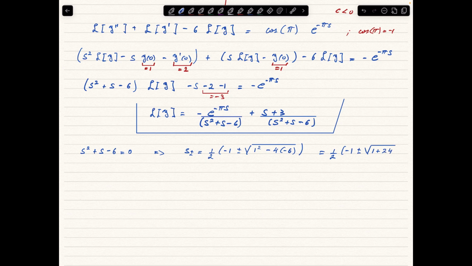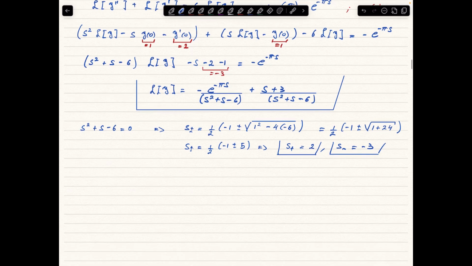So we see this is 25, the square root is 5. So we end up with s plus minus being equal 1/2 minus 1 plus minus 5. So we are going to get two roots, s plus, which is 4 divided by 2 is 2, and s minus, which is negative 6 divided by 2 is negative 3. So two different real roots.